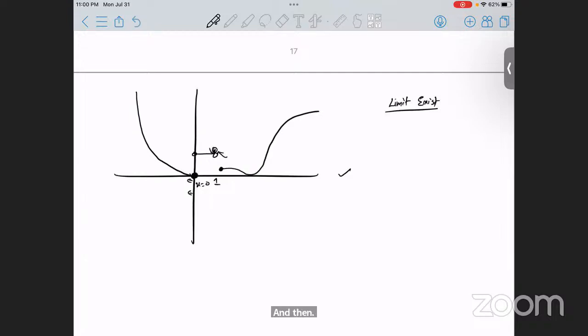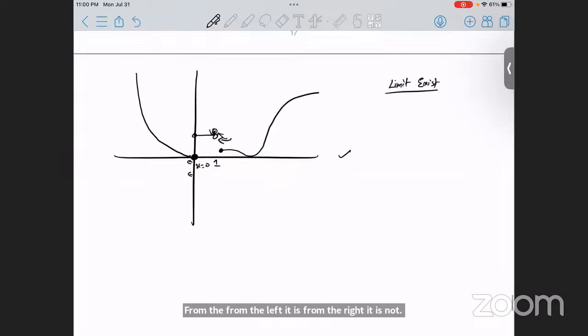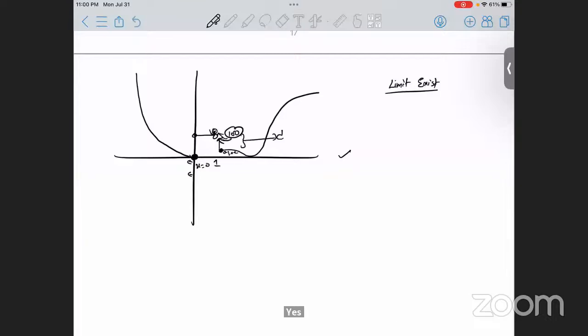But what is happening here? From the left it is one value, from the right it is another. There is a jump from 0.1 or 0.2 to exactly 100. This is a discontinuity. So the second option is wrong.